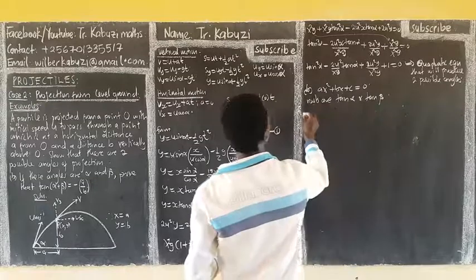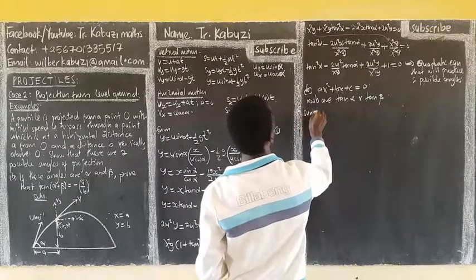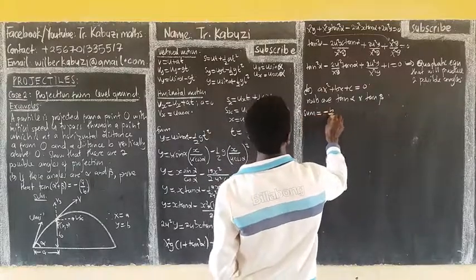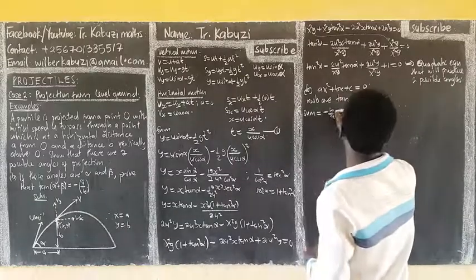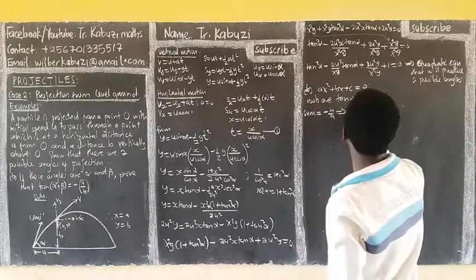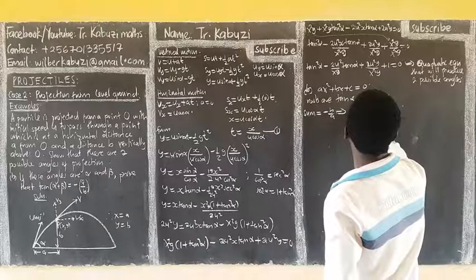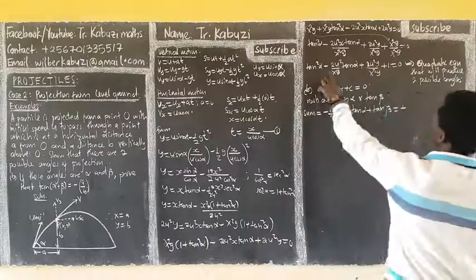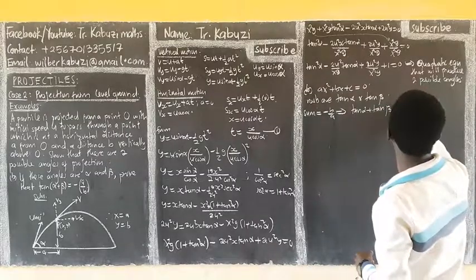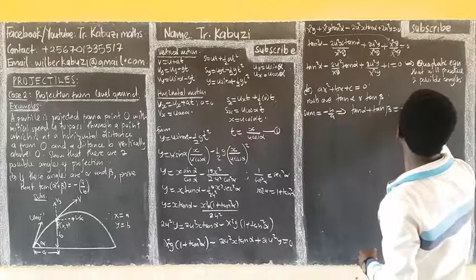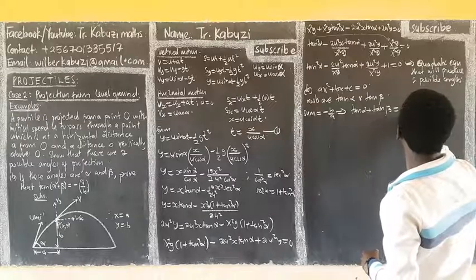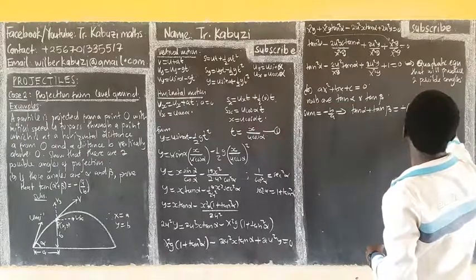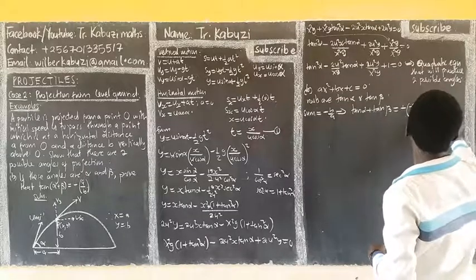So the sum is always negative b over a, so my tan alpha plus tan beta will be negative of this, which will give us 2u squared over xb.